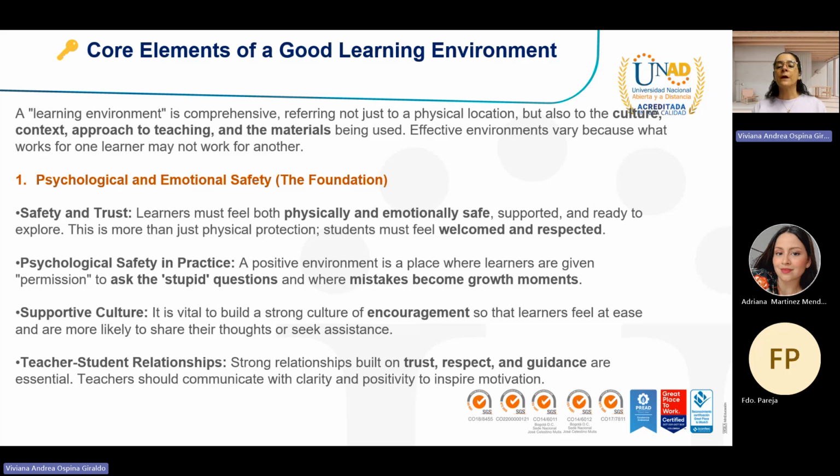A positive environment is one where our students can make mistakes, so that they know that there is no stupid question, that there is no wrong position, that they can grow from making mistakes. We are going to learn from the error. That is one thing that we need to consider when we want to make a good learning environment.